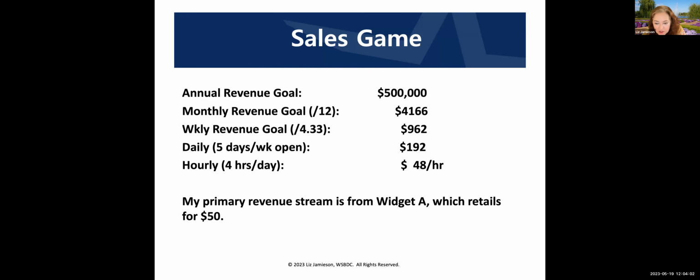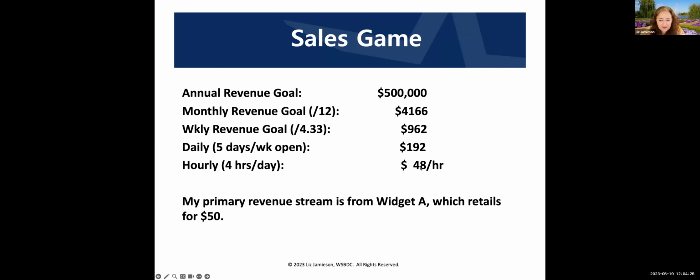So sorry that the numbers don't jive here, but hopefully you get exactly what I'm saying here and could make your own example, right? If you use your own number to do this exercise. So let's say that my primary revenue stream is from my famous widget, my widget A, which sells for $50.